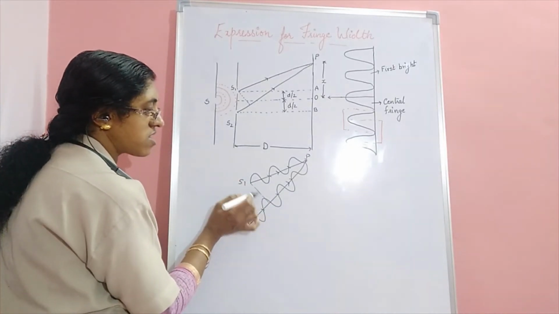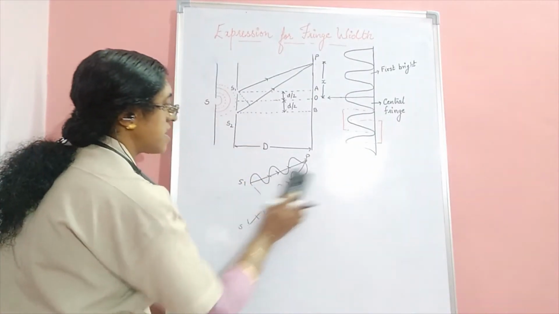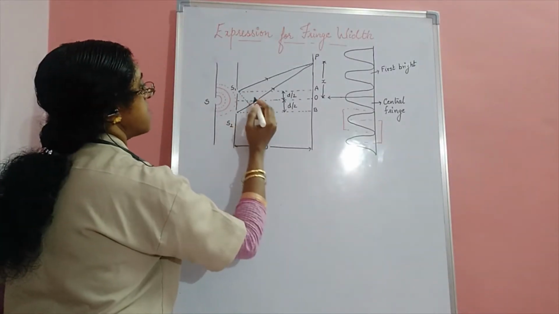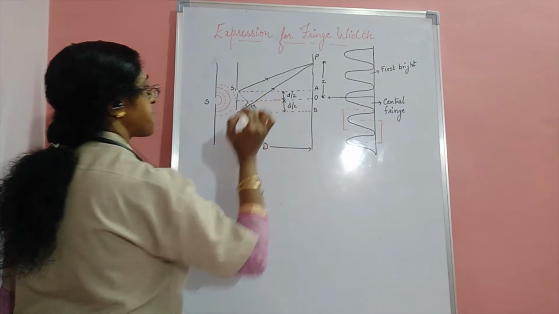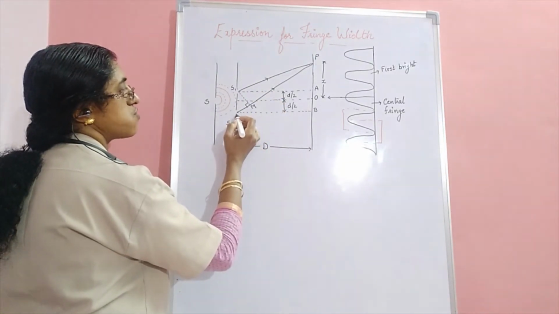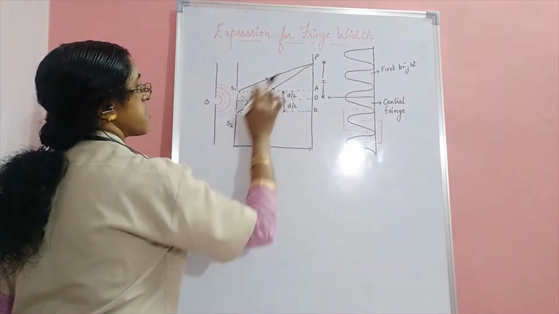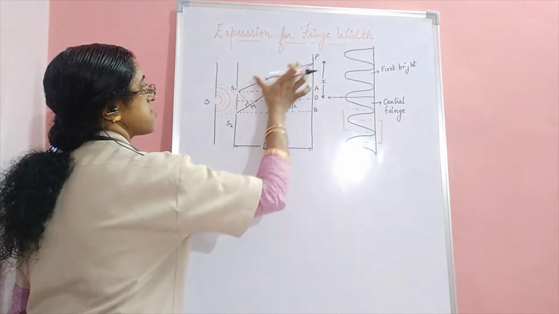So this is the difference that we are finding out. How can I find out the difference? By dropping a perpendicular. For that, I have dropped a perpendicular here, which I name M. So the path difference between the two waves is S2P minus S1P, because this is the longest distance that the wave is traveling and this is the shortest distance.